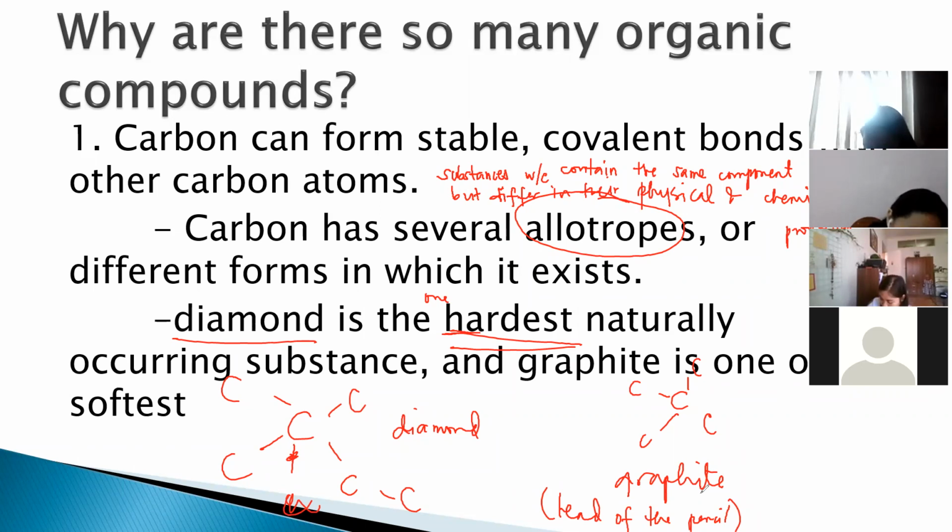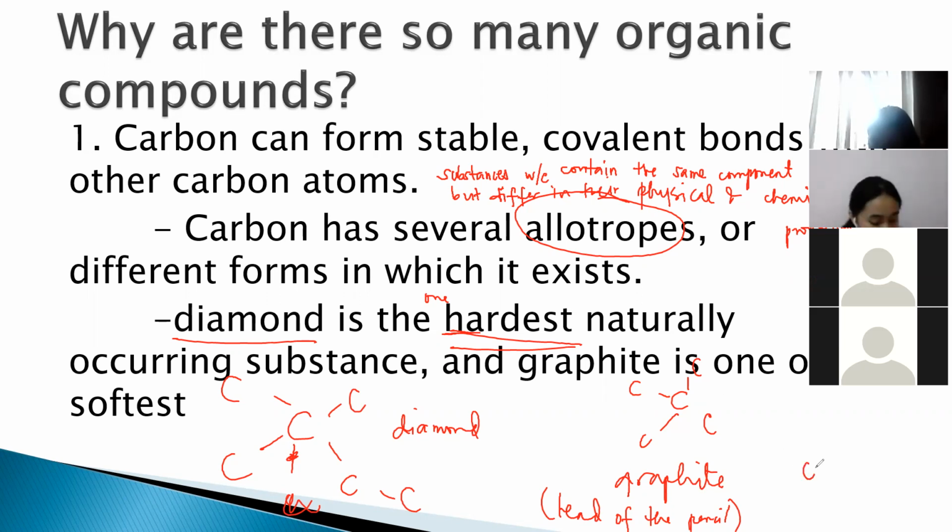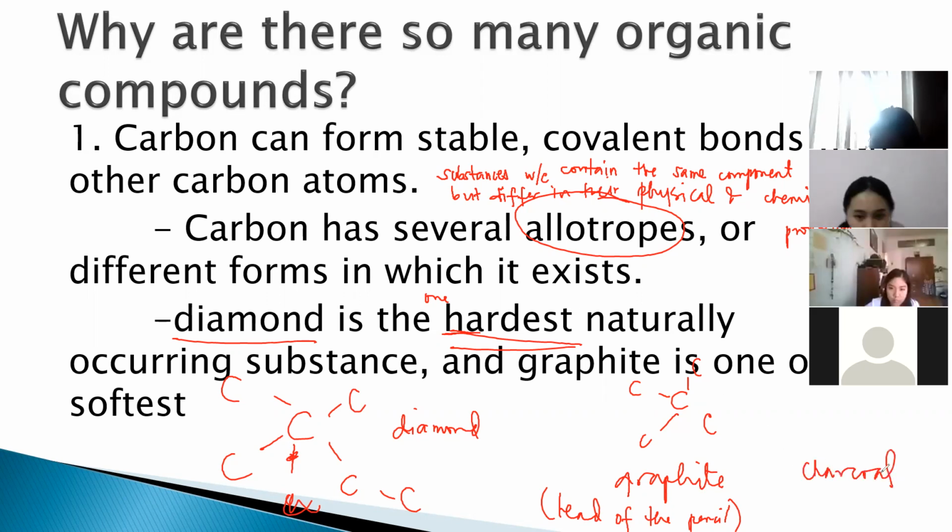However, if we compare the two, diamond is very hard, while graphite is very soft. So they are made up of the same component, but they differ in their physical and chemical properties. Silang dalawa are called allotropes of carbon. Okay? Actually, pwede pa nating dagdagan the charcoal.